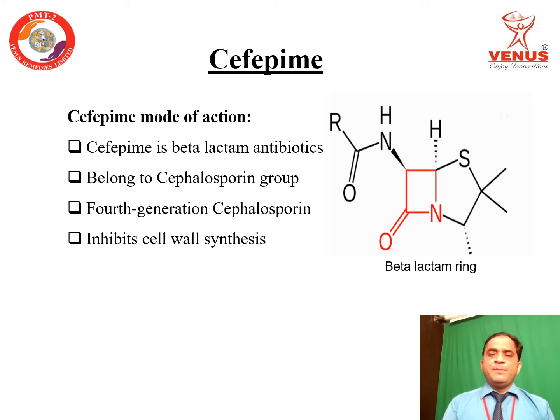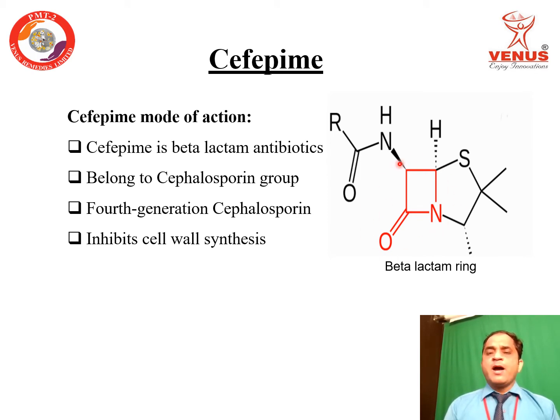Now sapipine mode of action. So friend, first, sapipine is a beta lactam antibiotic. So what does this mean? Beta lactam antibiotics are basically those antibiotics which have a beta lactam ring in their chemical structure.